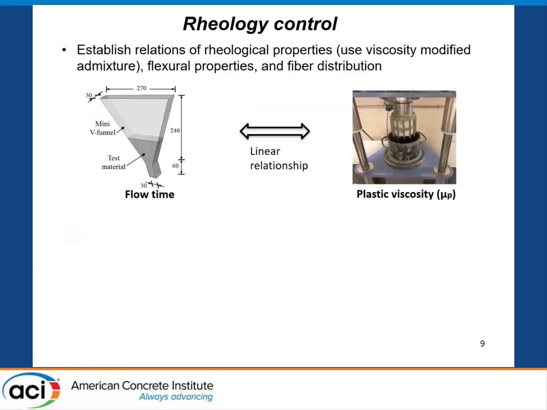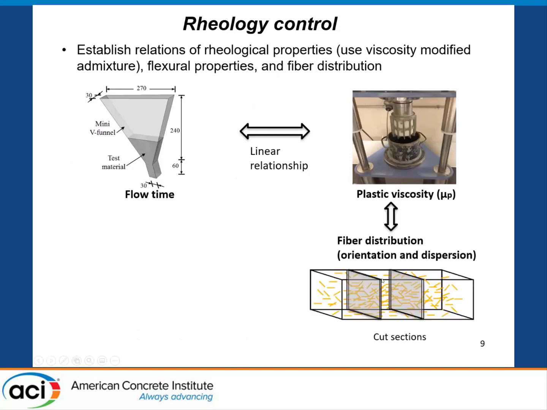So the whole idea is, when you add different dosages of VMA to the UHPC mortar, you will have different flow time and different plastic viscosity. And remember that they have a linear relationship. So different viscosity of the suspending mortar will result in different fiber distribution, orientation, and dispersion.